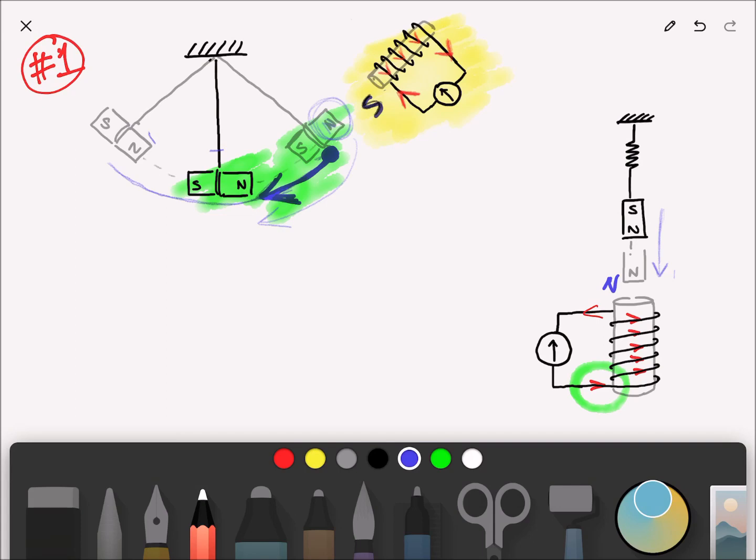Basically, the induced current will definitely flow in a way such that the magnetic effect of the induced current will resist the magnetic effect that produces the current. Let me slow down and write down what I say. First, there will be a magnetic effect that produces the induced current.